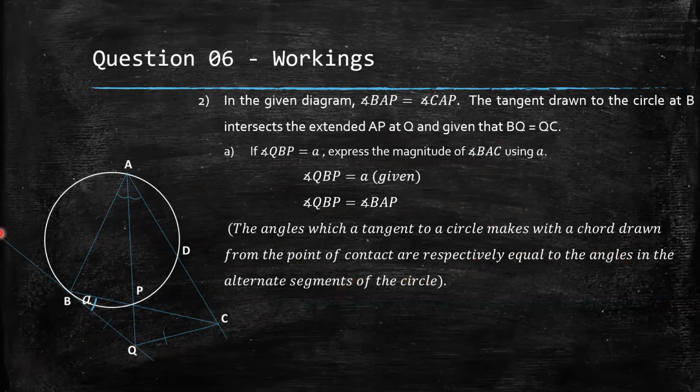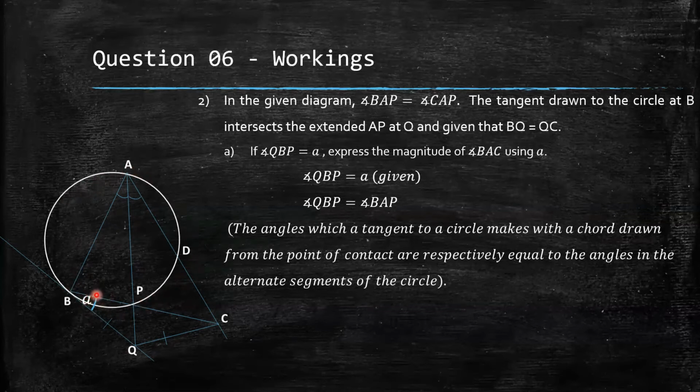So this will be my tangent. This is my chord. So the angle in between will be equal to the angle made by the chord in the alternate segment. So this is the segment. This small segment will be the segment which includes our angle, right? But we need to consider the opposite segment.